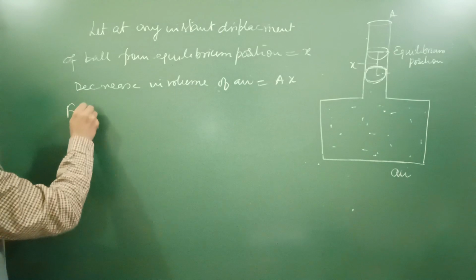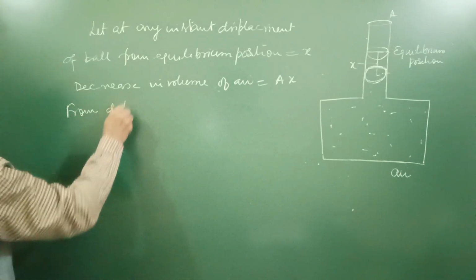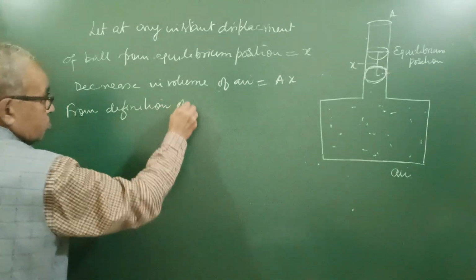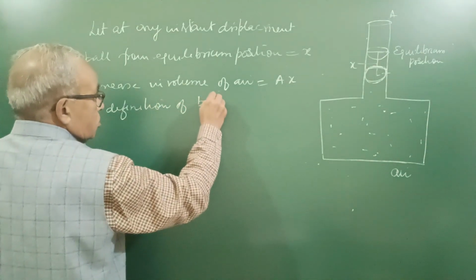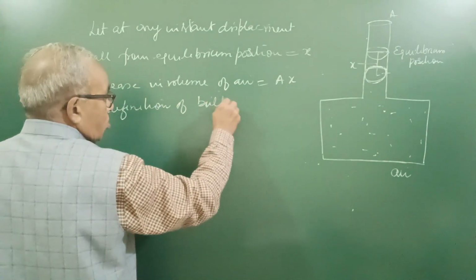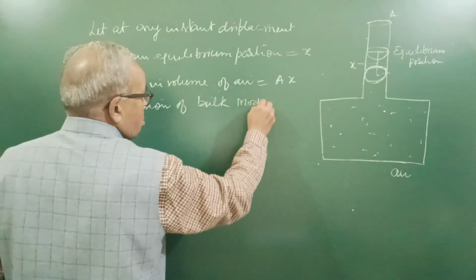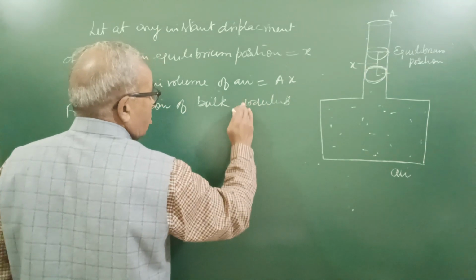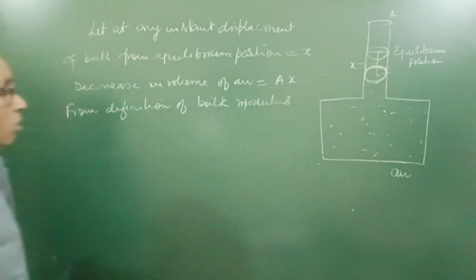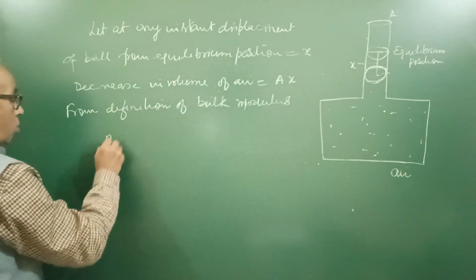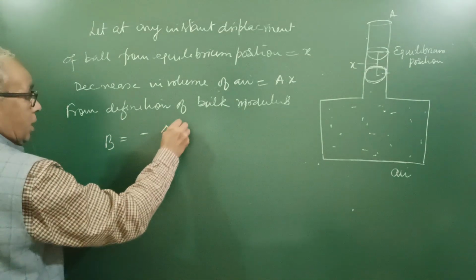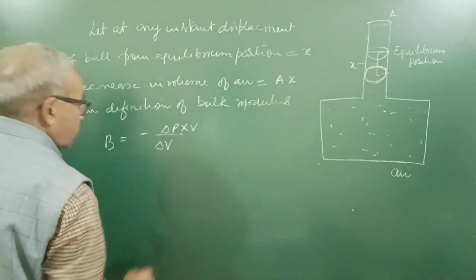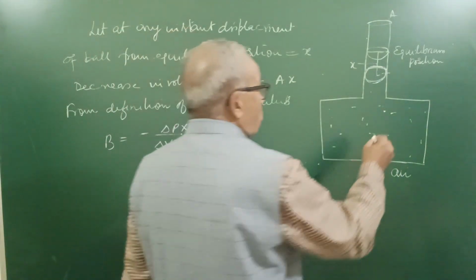From the definition of bulk modulus, bulk modulus B equal to minus delta P upon delta V into V, V the original volume of air.